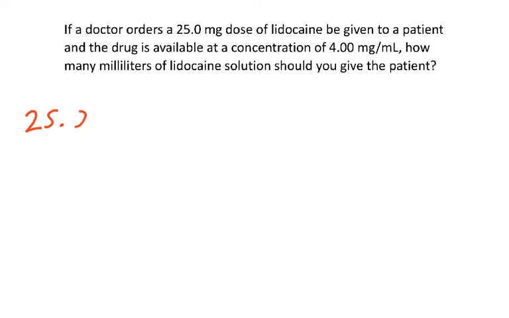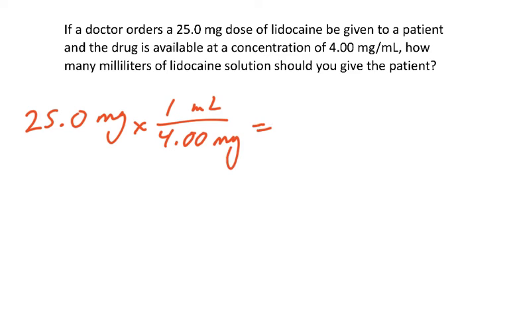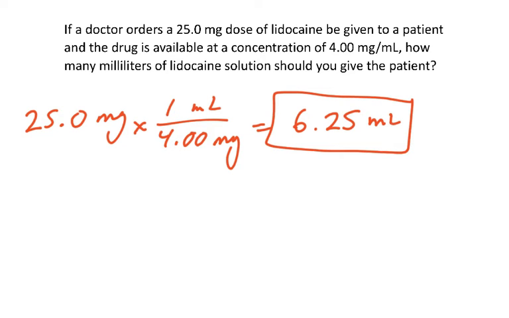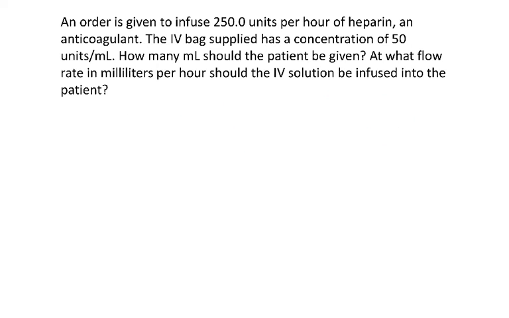So we will take 25.0 milligrams times 1 milliliter per 4 milligrams, and we get 6.25 milliliters. I think we've seen that question before. Okay, let's continue. Some of these will go quick.